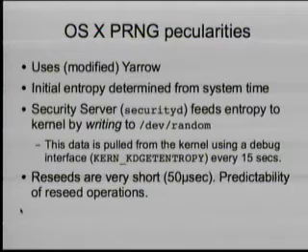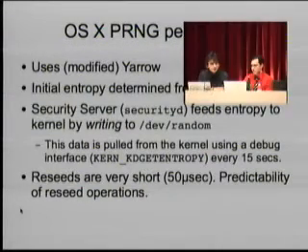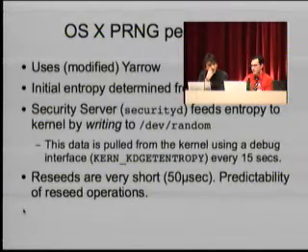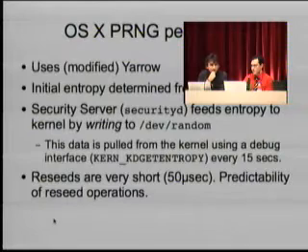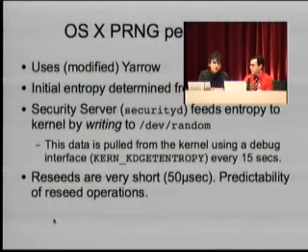And the other thing is that reseeds are done periodically. And these reseeds are shorter than it looks, because when you first look at the source code, it says 50 ticks. Now, you'd expect that 50 ticks are something like 50 times 100th of a second, but it's not. It's actually 50 musec.